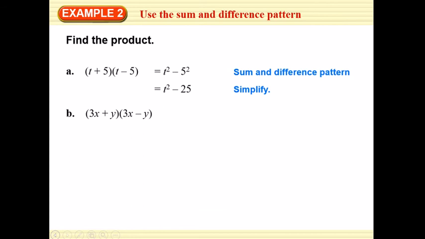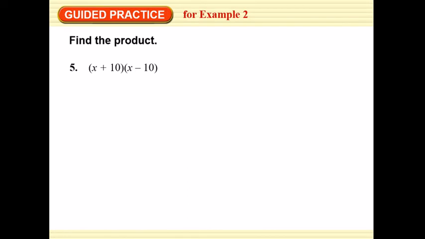Next, 3x plus y times 3x minus y. Square my first term minus the square of the second term. So I should end up with 9x squared minus y squared. So why don't we pause the video, try out a couple of guided practice. Every couple of seconds I'll flip through some examples here.